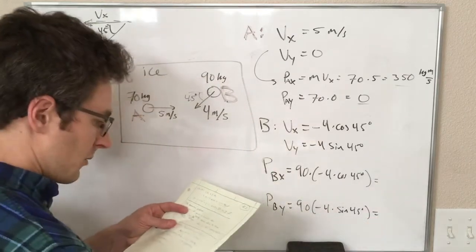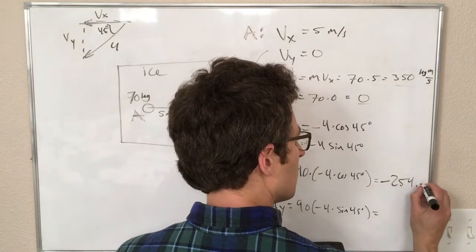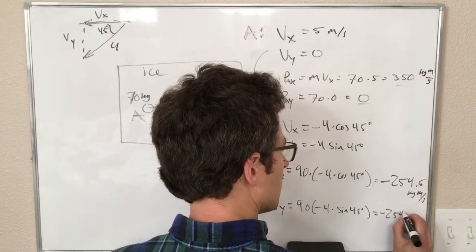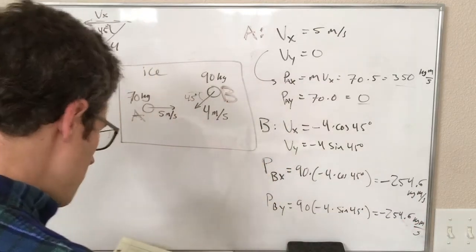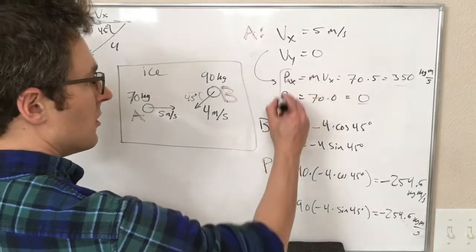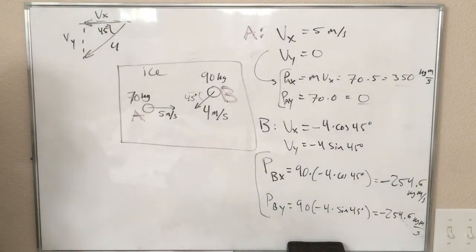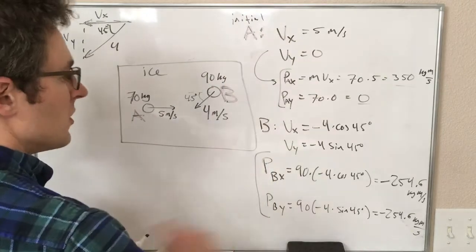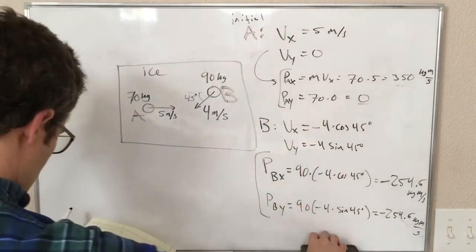So plugging these into our calculator, we get minus 254.6 kilogram meters per second. All right, so we have all of the pieces we need now. We have all of our initial momentum pieces. So now, I should have labeled, these are initial. So we can combine these and figure out what our total initial momentum is.